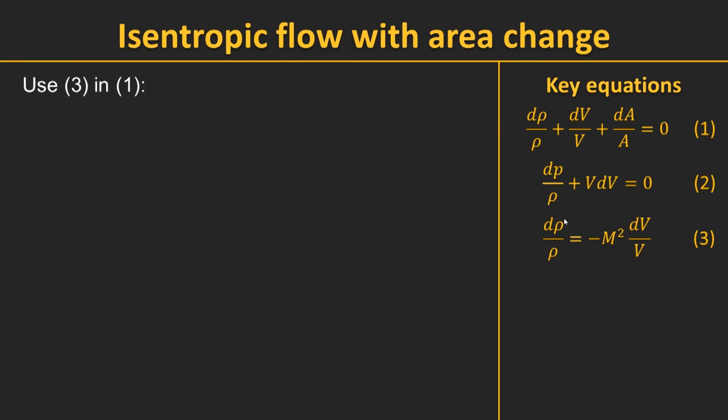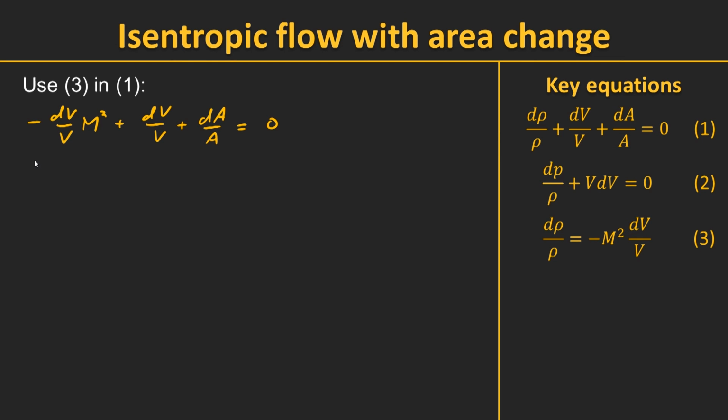Now let's use equation 3 to eliminate the density dilatation from our differential form of conservation of mass. So doing this, what we get is that minus dv on v by M squared plus dv on v plus dA over A is equal to 0.